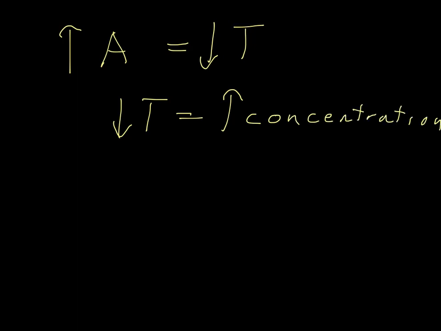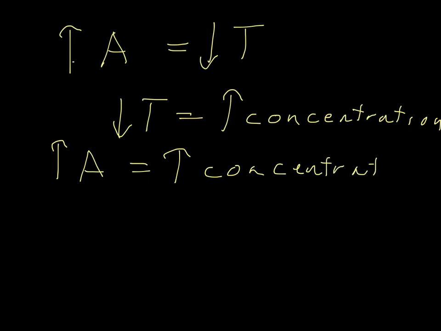So, therefore, what must the relationship be between absorbance and concentration? Well, when absorbance increases, percent transmittance decreases. And when percent transmittance decreases, it's due to an increase in concentration. Therefore, absorbance and concentration must be directly related.